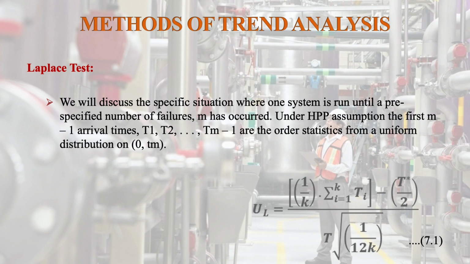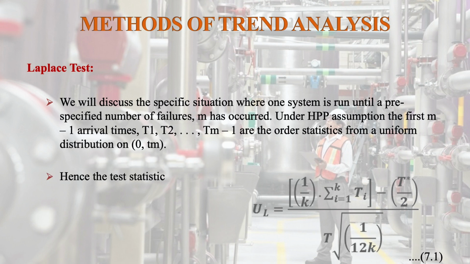We will discuss the specific situation where one system is run until a pre-specified number of failures M has occurred under the HPP assumption. The first M-1 arrival times T1, T2, up to T(M-1) are the order statistics from the uniform distribution on 0 to Tm.